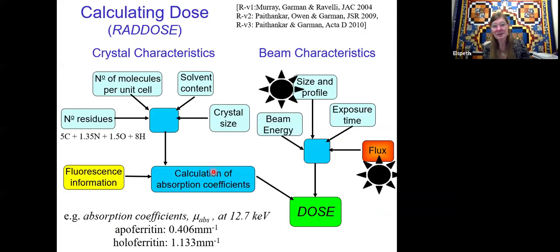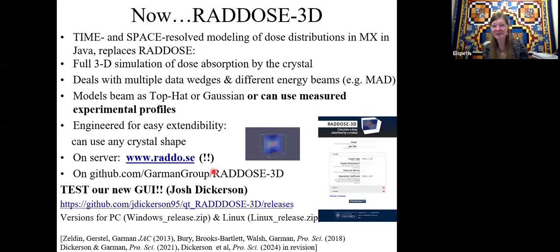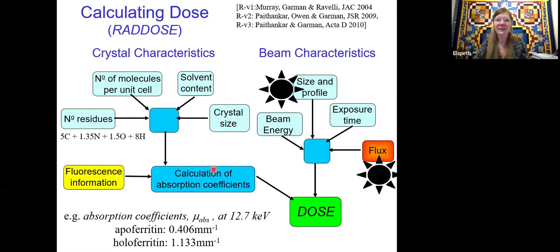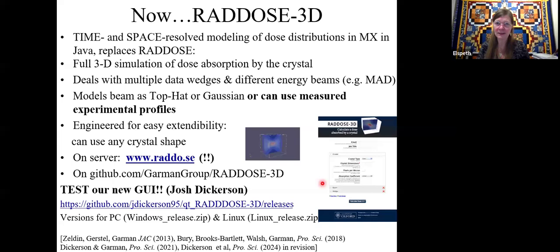This is what you need in order to calculate the dose, and I won't go into this, only that it's available as raddo.se, but you do need to be able to characterize both your crystal and your beam. So you need to know the flux density, the size and profile of the beam before you can calculate the absorbed energy.